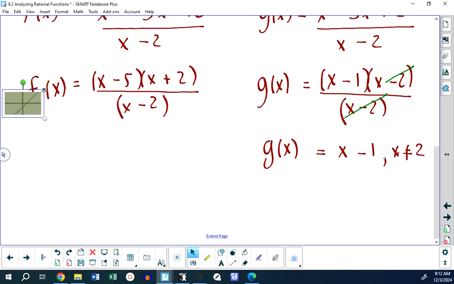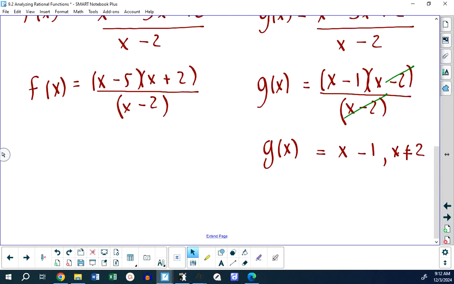And this is all typed out for you, so I'm not going to have you write it down. We learn that if the factor in the denominator that gives you the non-permissible value does not cancel, you'll get a vertical asymptote. If the factor in the denominator does cancel, then you get a hole at the non-permissible value.